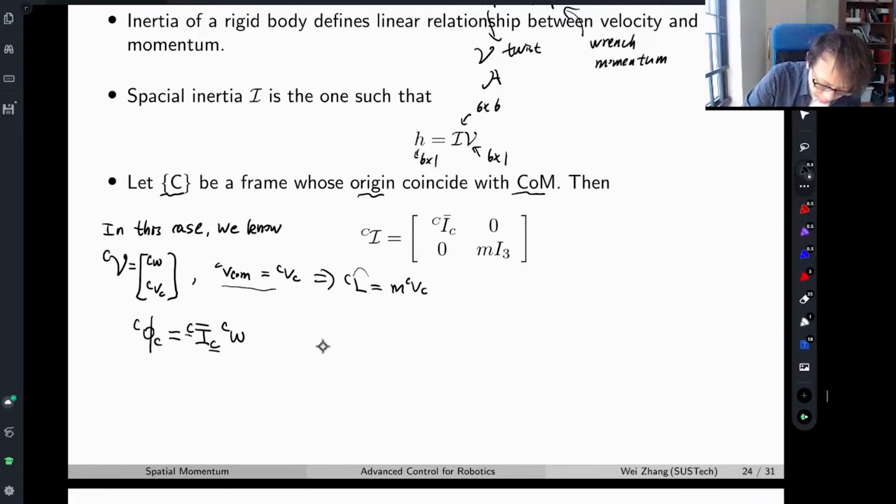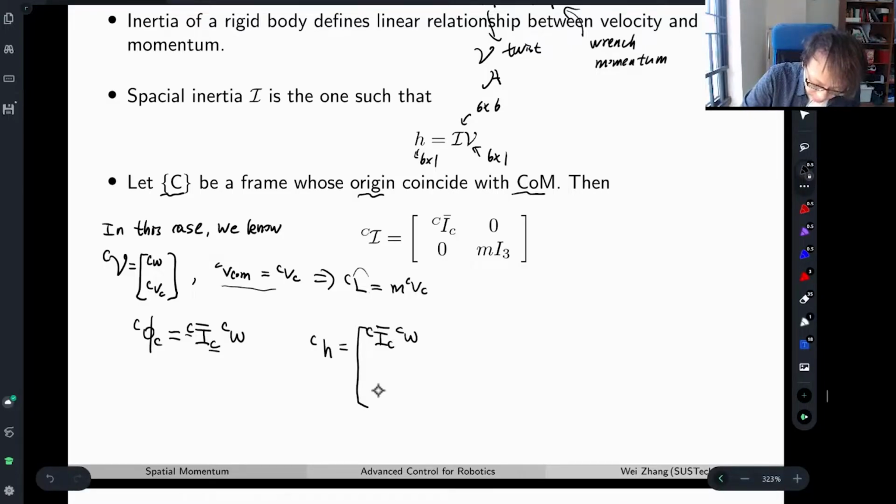So overall, you will say H in C equals, in this case, I_C bar in C. This is a 3x3 matrix. There's a formula for this, times omega in C. And also here is M times VC in C. And this equals I_C bar in C and 0, 0, M is a scalar times I 3x3.